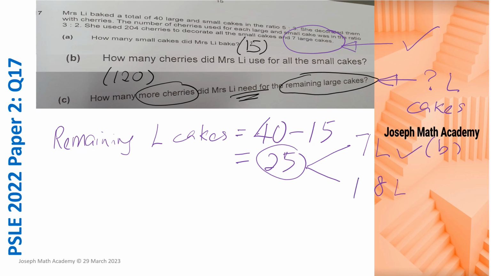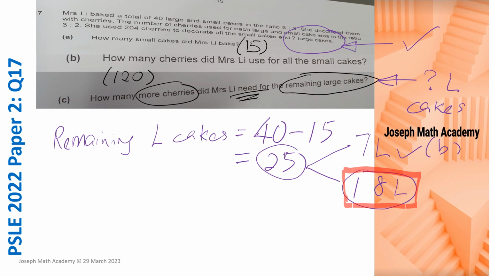So these are the 18 remaining large cakes that we need to find the number of cherries for. So this 18 is crucial. It's our core business now. We're going to attack the 18 large cakes. How many cherries are needed to decorate the remaining 18 large cakes?